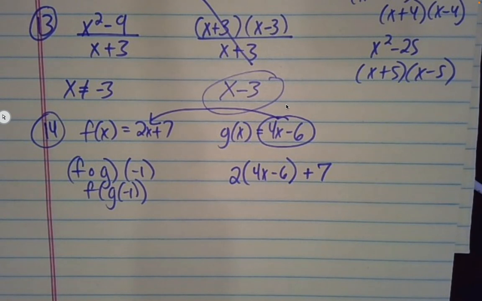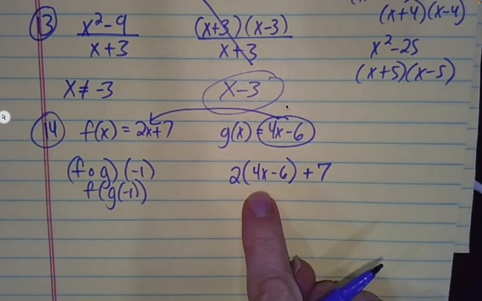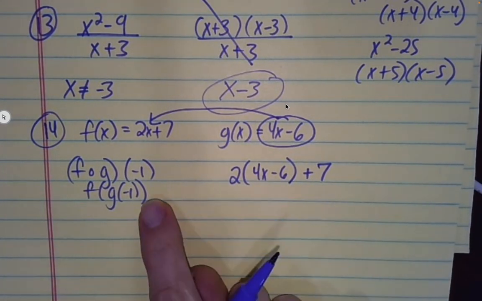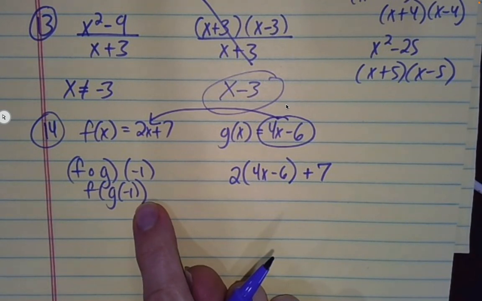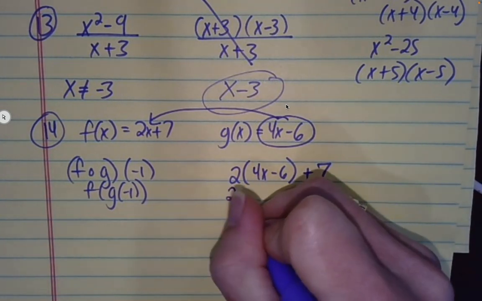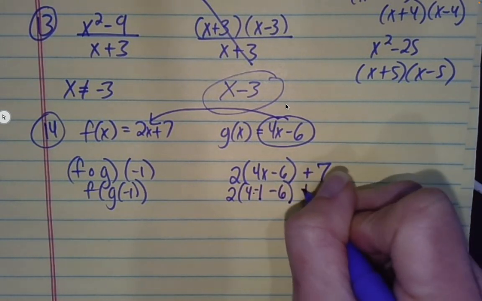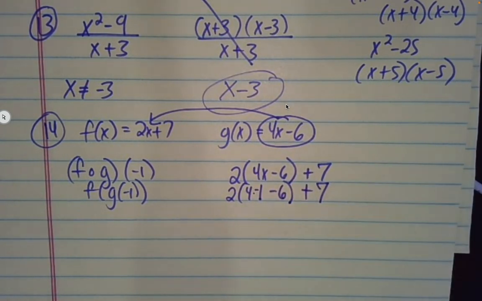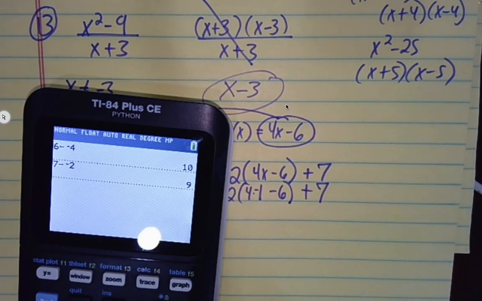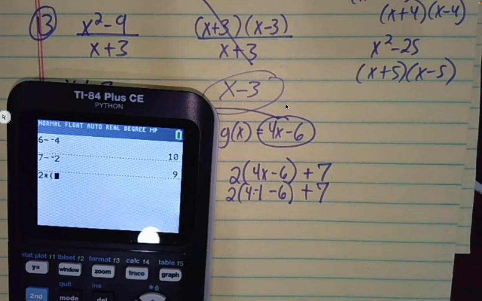All right, so now, instead of x, what can I plug in? What number do they tell me to use? -1. So I'll just rewrite that. That's 4 times -1 minus 6. Okay? What is 4 times -1? Or you could probably just type that whole thing. I wonder if it'll work just typing it in like that. 2 times 4 times -1 minus 6.